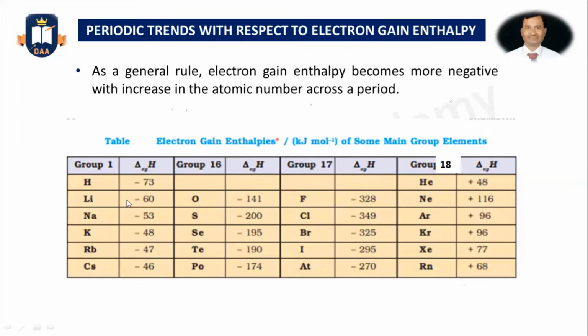See here, group number 1, lithium, is minus 60. Then with the increase of the atomic number, group number 16, oxygen, has a more negative electron gain enthalpy, minus 141. And with again increasing the atomic number, for group 17 fluorine, again the electron gain enthalpy is more negative, and the value is minus 328.